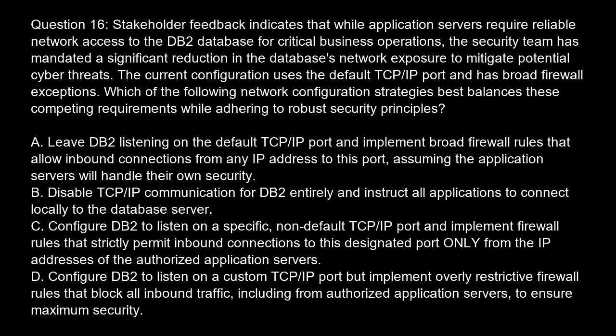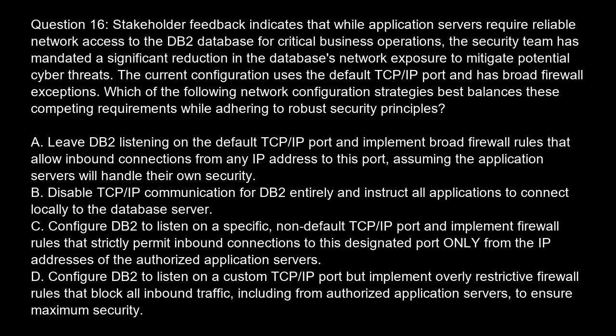Option A. Leave DB2 listening on the default TCP/IP port and implement broad firewall rules that allow inbound connections from any IP address to this port, assuming the application servers will handle their own security. Option B. Disable TCP/IP communication for DB2 entirely and instruct all applications to connect locally to the database server.